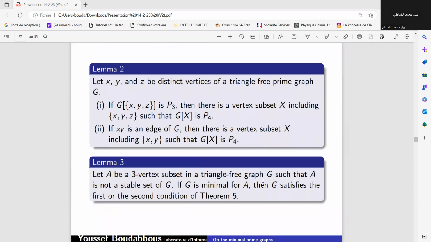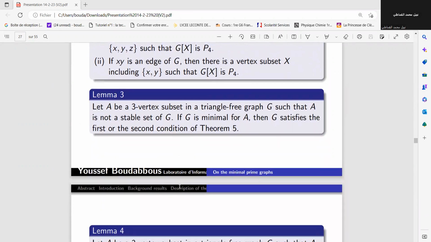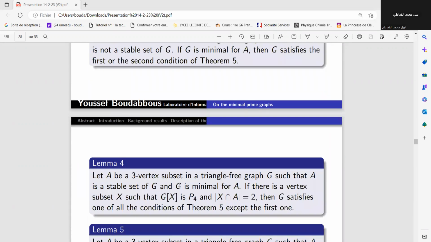Let A be a 3-vertex subset in a triangle-free graph. If GA is not stable, okay, that is P3 or P3 bar, the complement of P3, and if G is minimal for A, then G satisfies the first or the second assertion of theorem 5. Then we consider the case of stable set. If A is a stable set, we have to consider two cases.